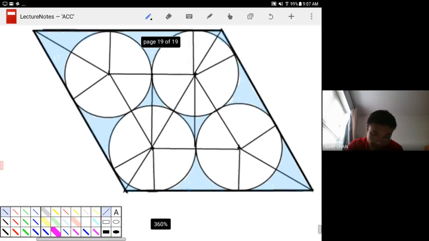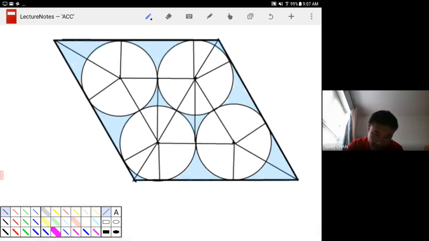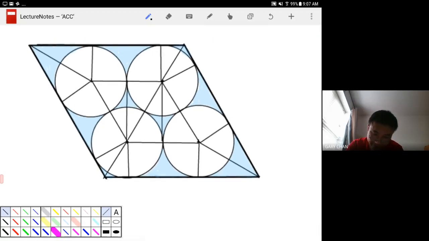So if I break this thing up in this manner, for those of you watching this recording at a later point, I encourage you to pause and think about how many different types of triangles we have here and whether or not certain triangles are congruent to one another.